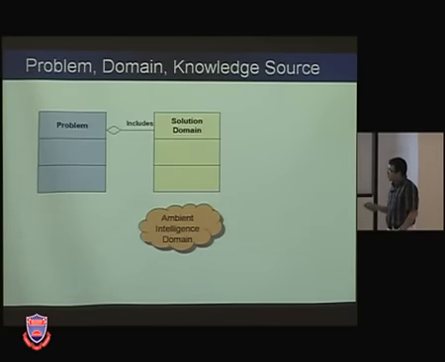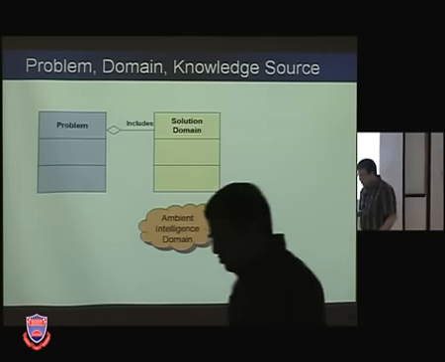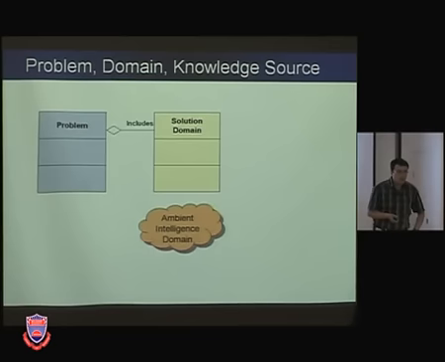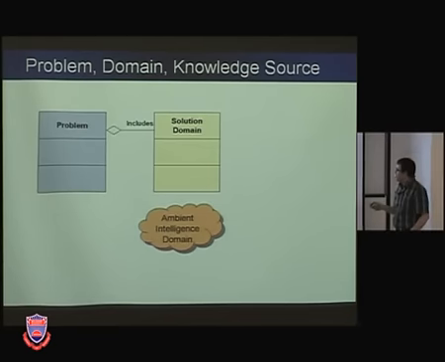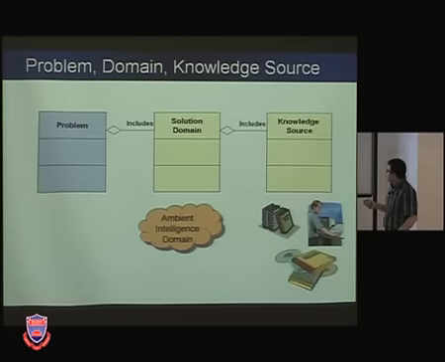This is the case. So we identify the problems based on the stakeholder requirements, based on the problems in the domain itself, and based on specific quality concerns. To solve a problem, there's some domain, a solution domain. Therefore the term solution, because it provides a solution to some problem. A problem includes a set of solution domains. A solution domain includes knowledge sources.